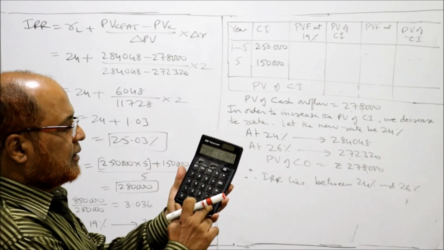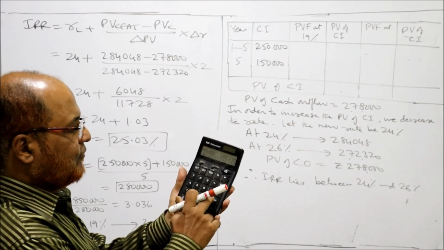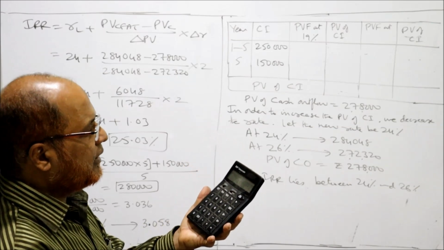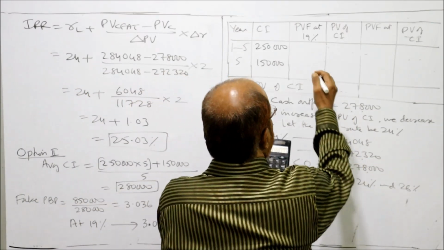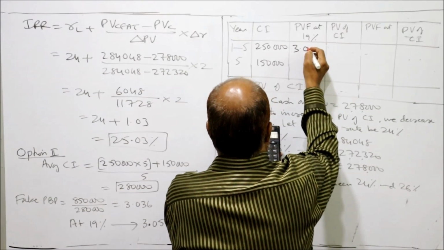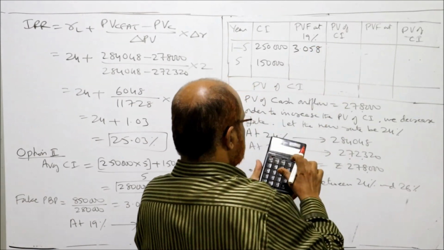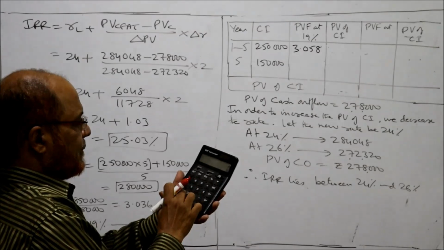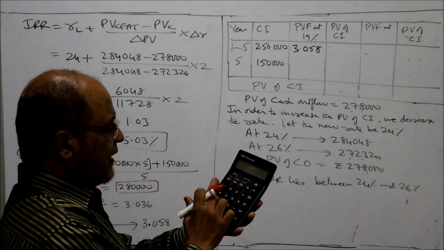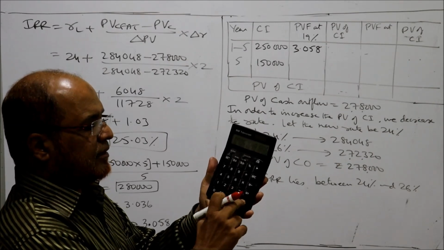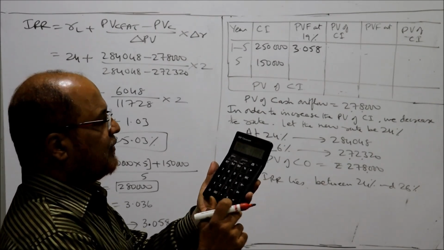Second, third, fourth, fifth: 5 times I have put in memory. Now recall the memory: 3.058. Similarly, fifth year, 1 divided by 1.19.